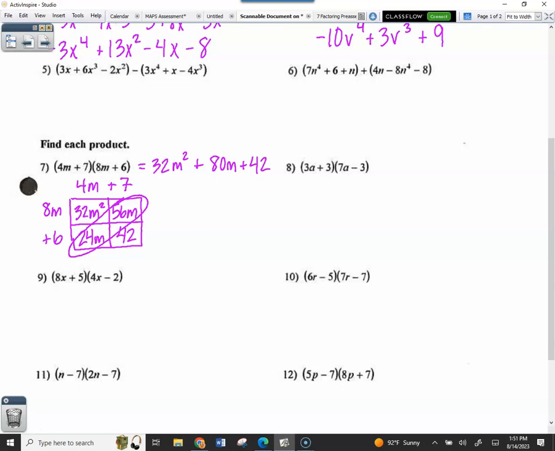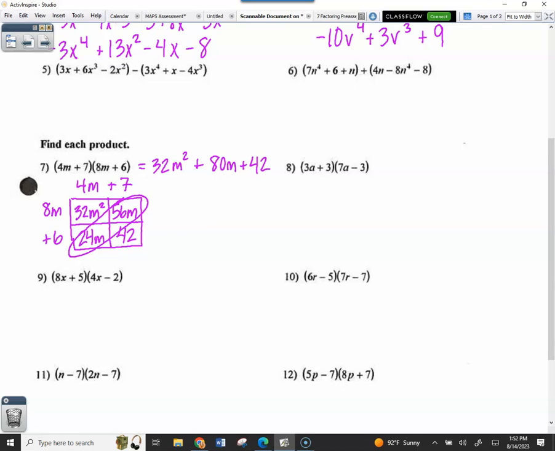If you use FOIL, I need you to listen. FOIL only works when it's a binomial and a binomial. That's the only time it works. When we get a binomial and a trinomial, FOIL does not work. So be ready for that. Be ready to know when not to FOIL.